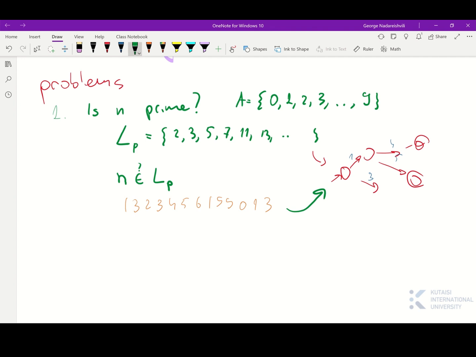So building a DFA would algorithmically solve my problem of whether something is prime, if the language were regular. The description of a language with unions, stars, and concatenations was one side of describing it, and the second side was giving you a DFA or NFA, which is the same. Giving you a DFA was basically giving you an algorithm to determine whether a string is in the language or not.